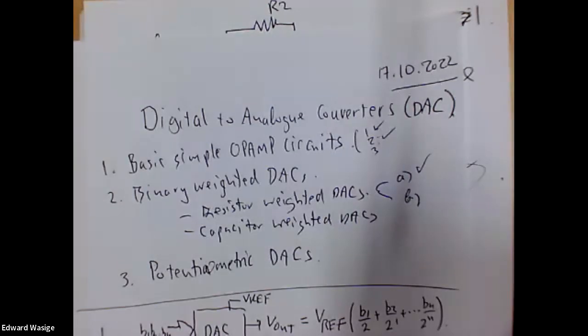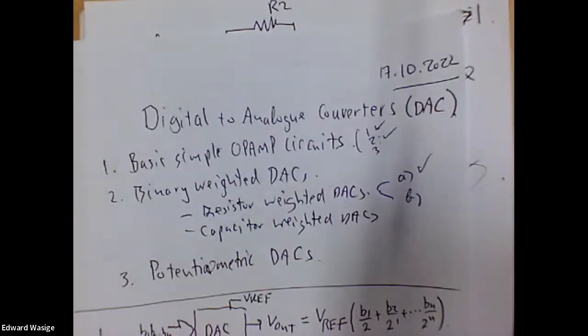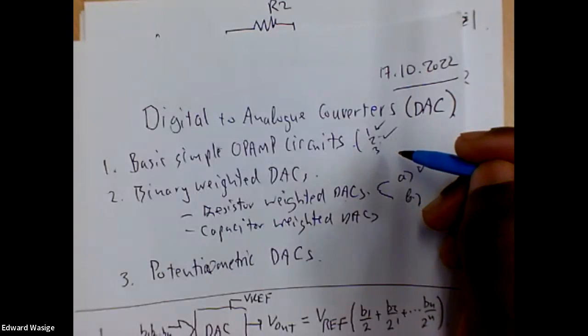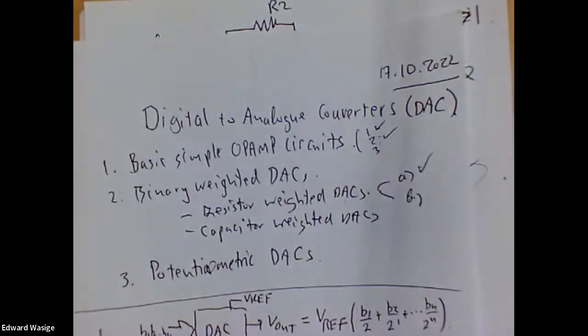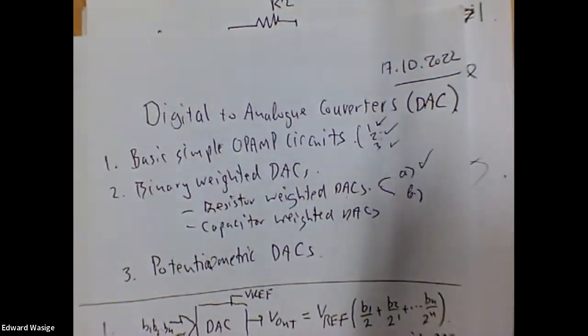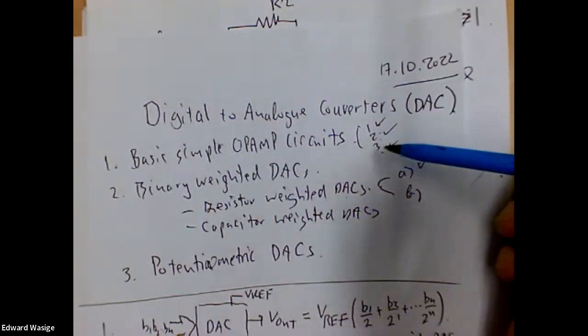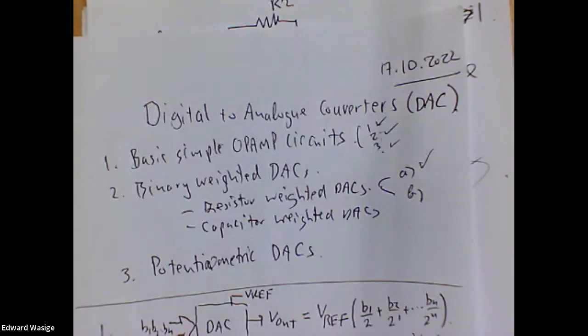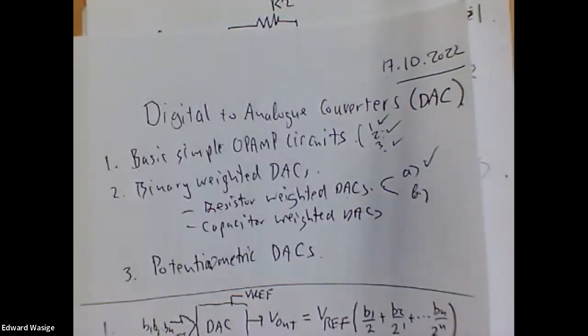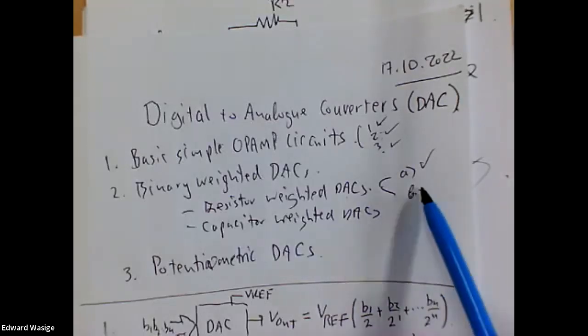So the output voltage just follows the input voltage, but it offers the buffer function because the input voltage sees a high impedance while the output voltage sees a low impedance, and you isolate the output from the input. And the third one is the buffer with amplification. The second and third are used in DAC circuits, as we'll see shortly.